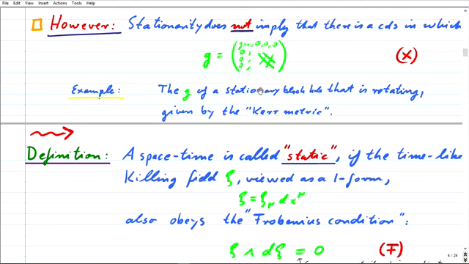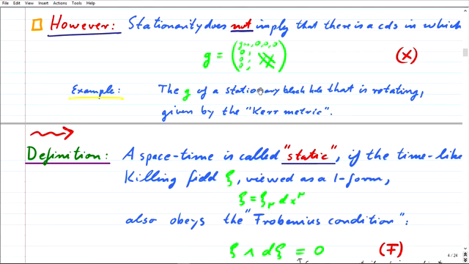But when you have a rotating black hole, then that's not so. For a rotating black hole, you can find a coordinate system in which the metric is time independent, but you cannot find a coordinate system in which it takes this form. As you can imagine, for a rotating black hole, stuff is going on, and yet the metric is in suitable coordinates independent of time.